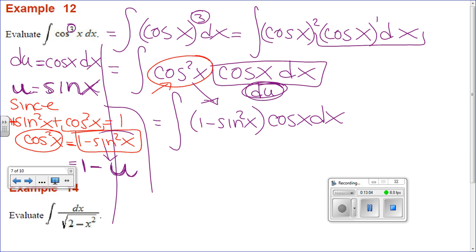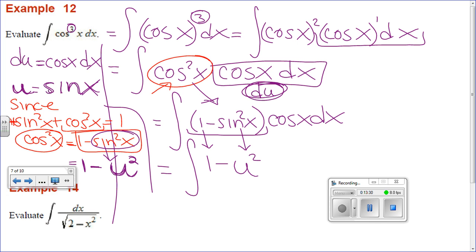So since I have sine square x, I should have u squared, like that. So here, this integral, instead of 1 minus sine square x, is going to be 1 minus u squared. Here's the 1, and here's the sine square x. We're calling it u squared.